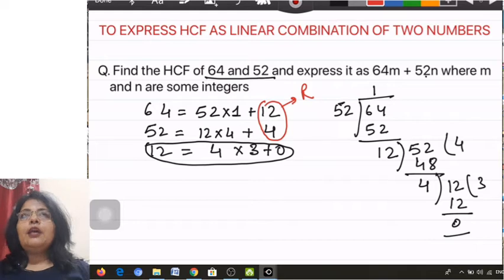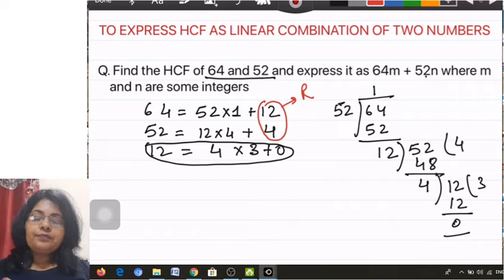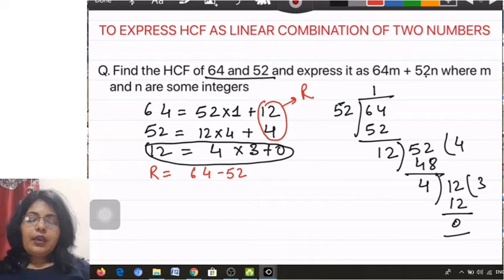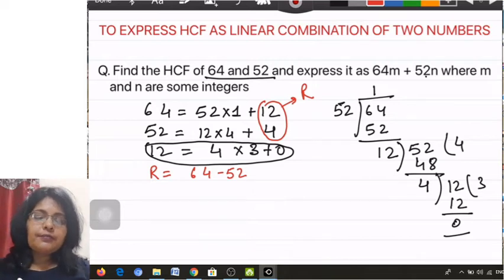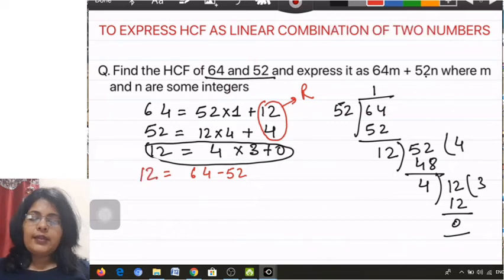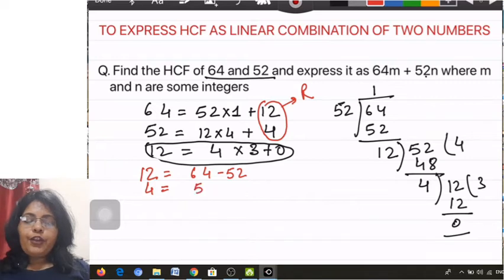Here these are the remainders. Now we have to simply take the remainder to this side. 12 equal to 64 minus 52. And this, what we will write? 4 equal to 52 minus this 12 into 4, brought into bracket.